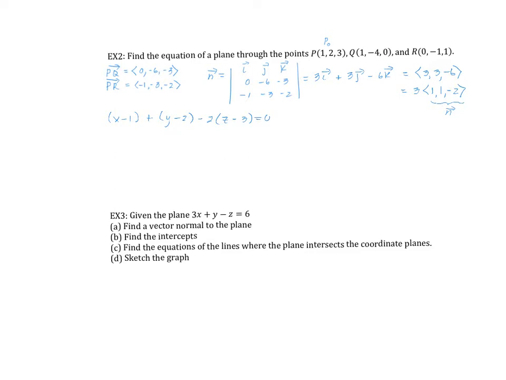And now doing some simplifying, I get x minus 1 plus y minus 2 minus 2z plus 6 equal to 0, or x plus y minus 2z equal to negative 3. Okay, so again, you need a point and you need a normal vector.